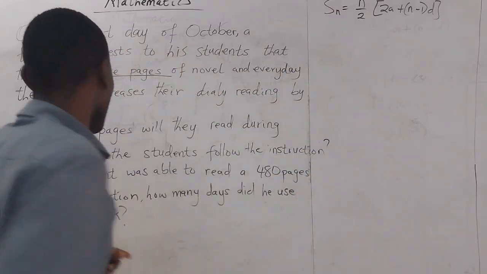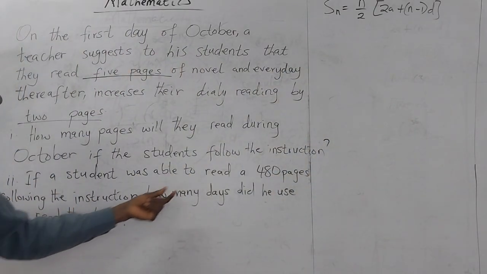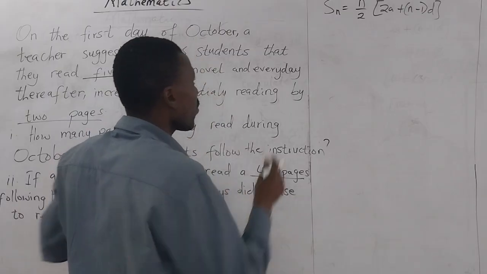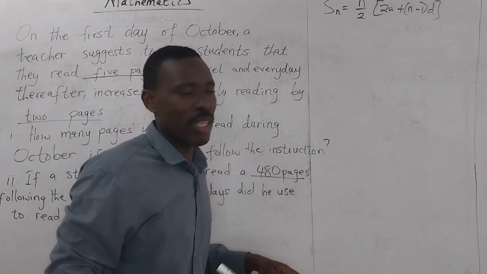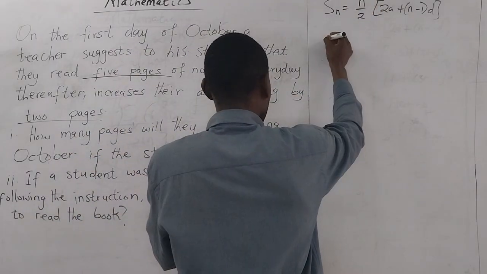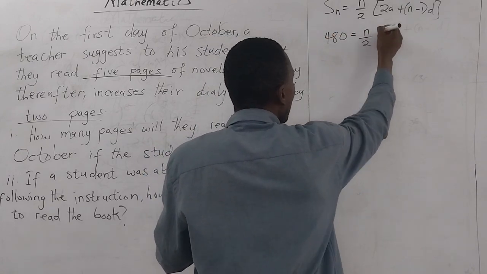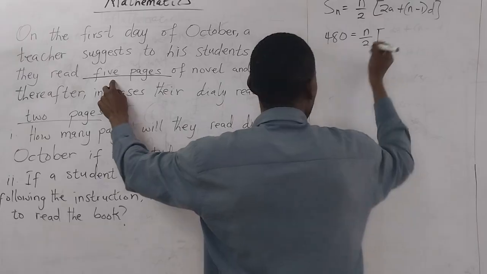Now we are told that the S of n, with the II part, is 480. Our duty is to find the value of n. So let's do this quick substitution. We have 480. n is what we are finding. A is what? 5 pages.